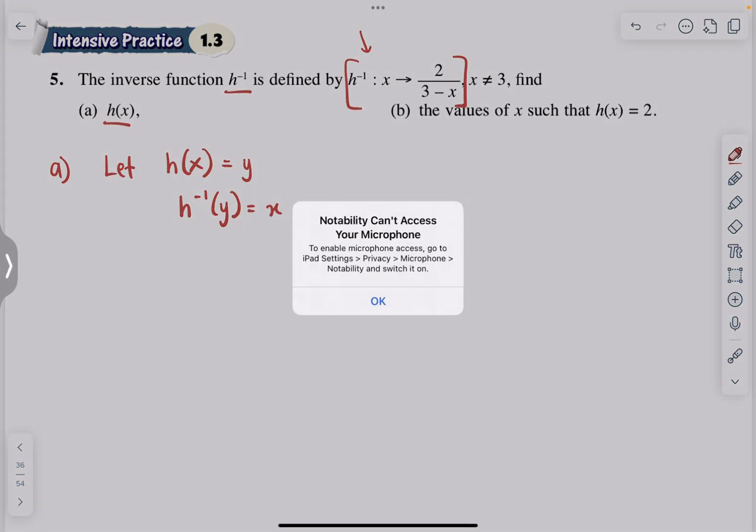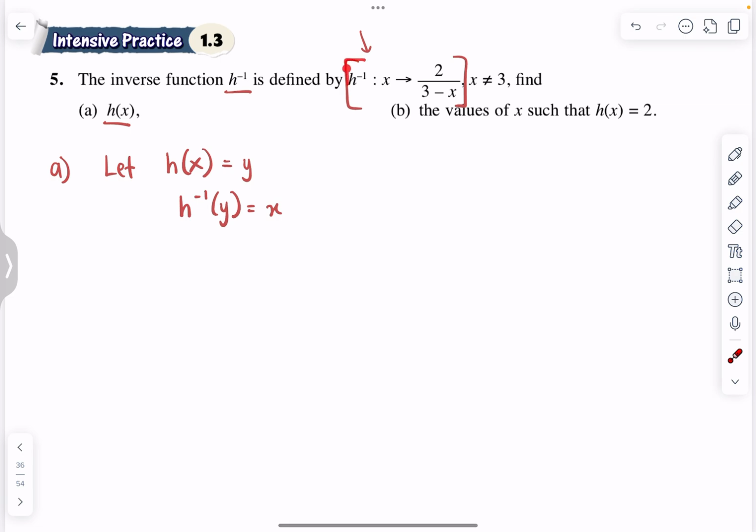So if h inverse x is 2 over 3 minus x, h inverse y will be 2 over 3 minus y equals x.